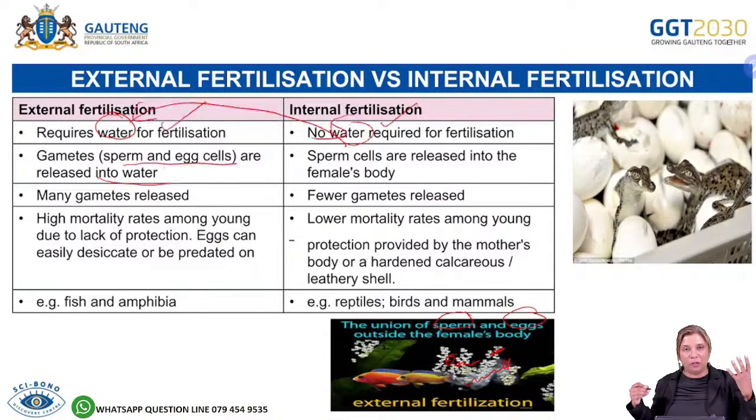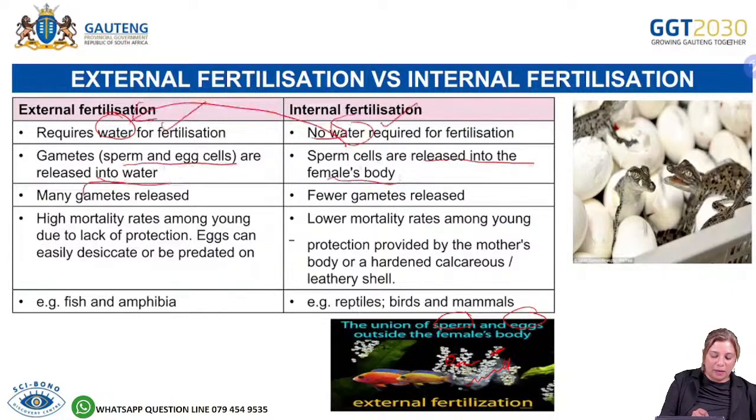Think about things that you are familiar with, because that's going to help you to remember. Sperm cells are released into the female body. In external fertilization, many gametes are released. We know why, because of the risk factor. In internal fertilization, fewer gametes are released.